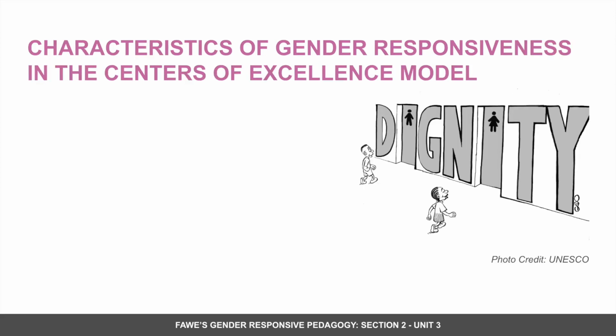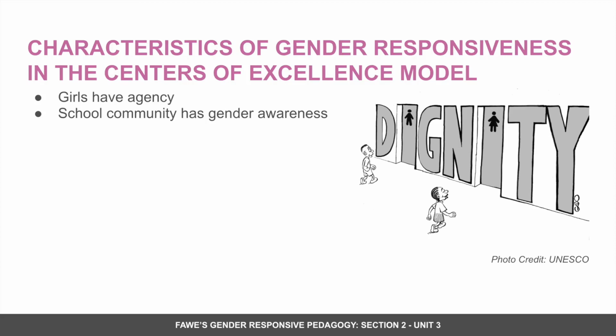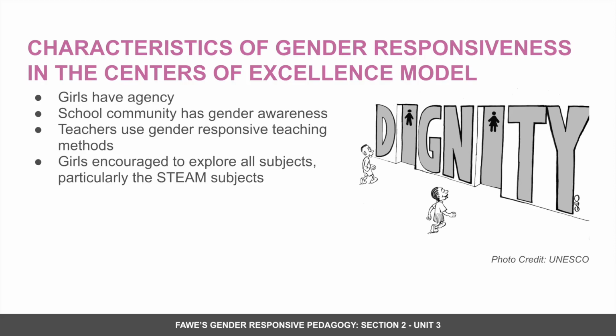Gender-responsive characteristics of FAWE Centers of Excellence are that girls have agency, school community has gender awareness, teachers use gender-responsive teaching methods, girls are encouraged to explore all subjects, particularly the STEAM subjects, that is, science, technology, engineering, arts, and mathematics.